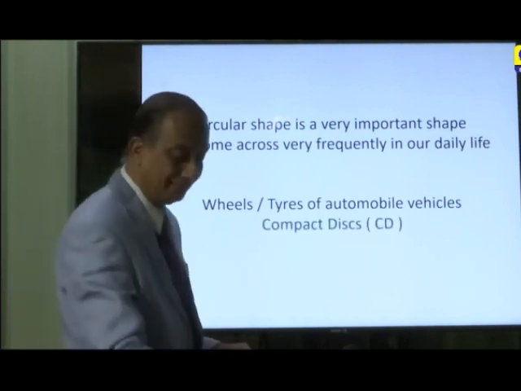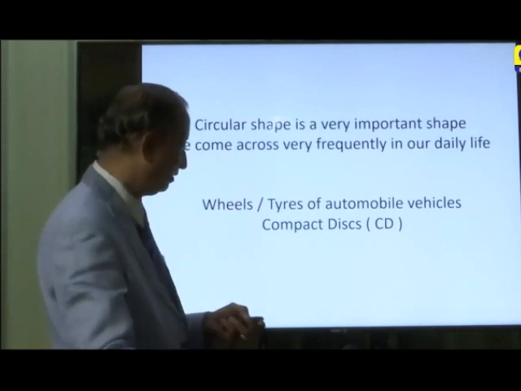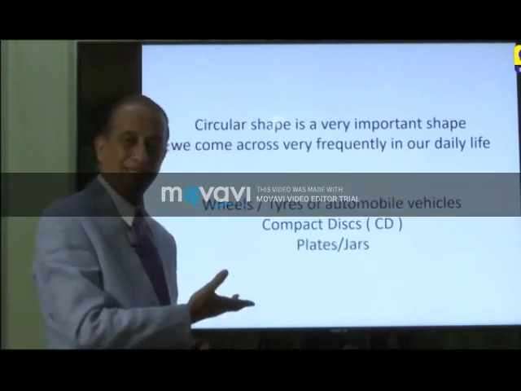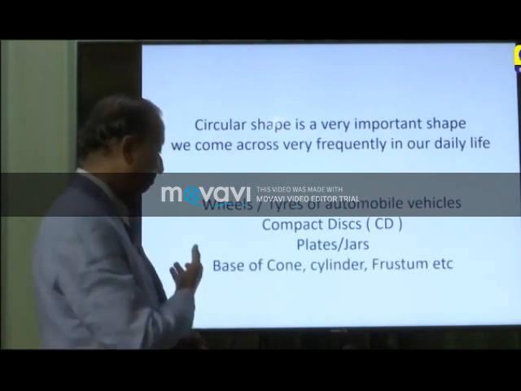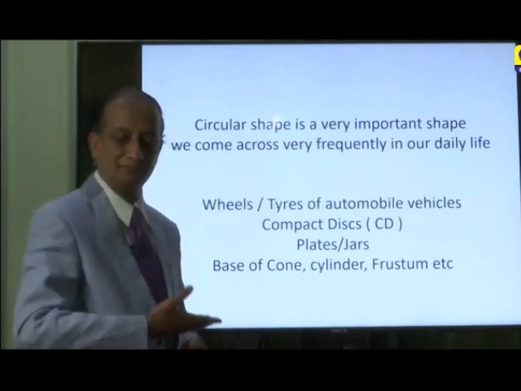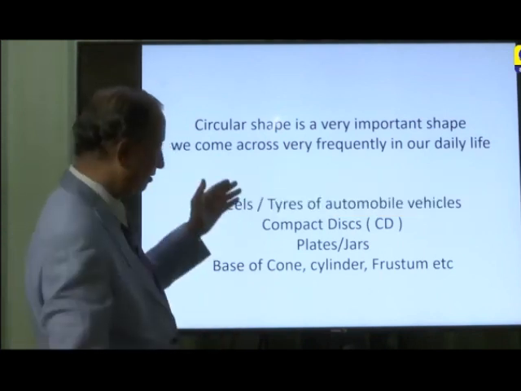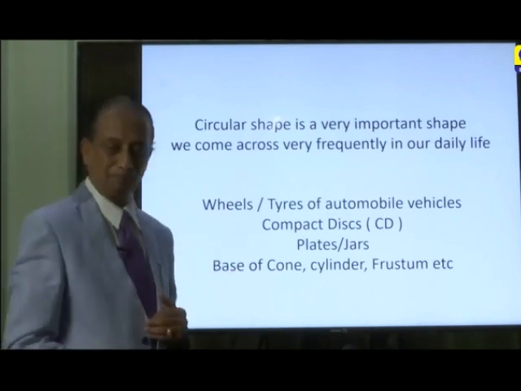Then the compact disc, the CD, is also in a circular shape, and then plates and jars, utensils that we use in our kitchen, and then the base of a cone, that of a cylinder and frustum, etc. They are all some of the important examples for circular shape.